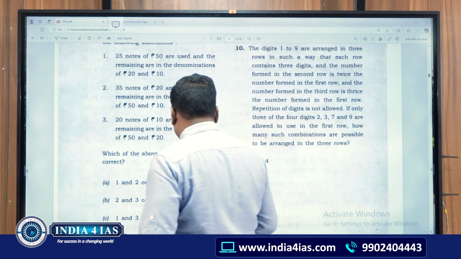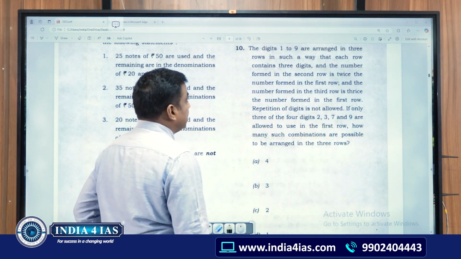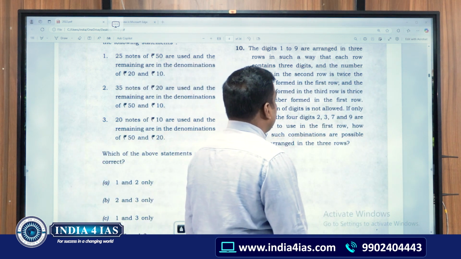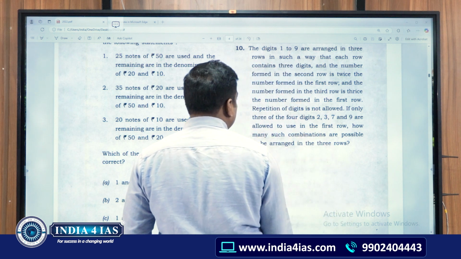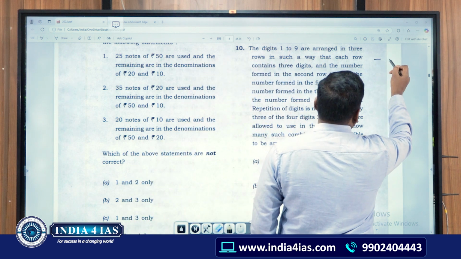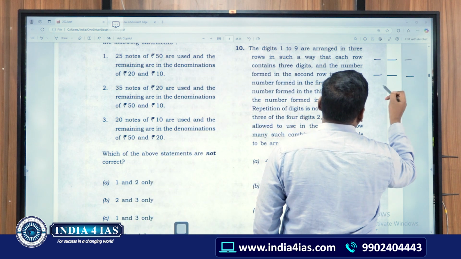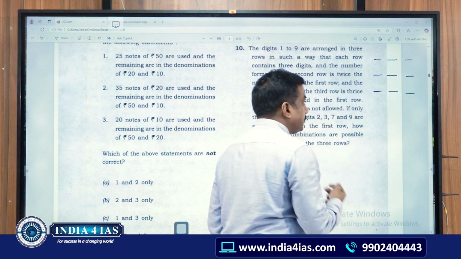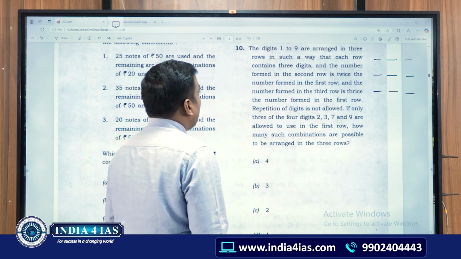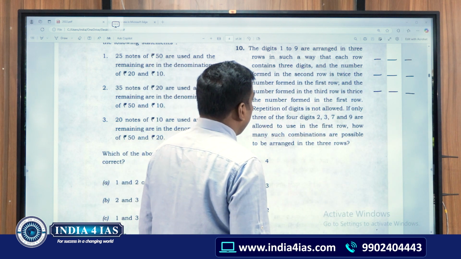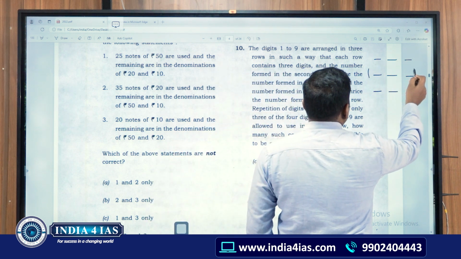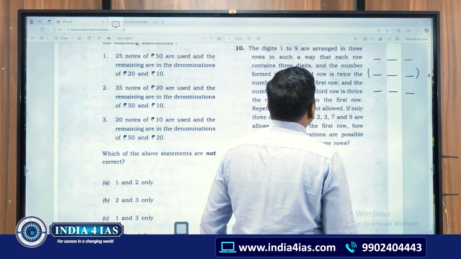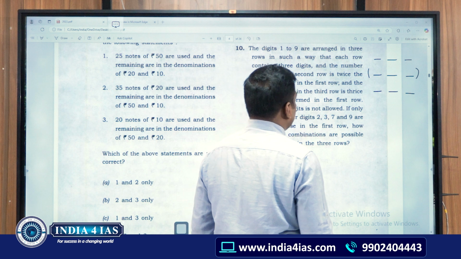The digits 1 to 9 are arranged in 3 rows in such a way that each row contains 3 digits. So there are 3 rows containing 3 digits each. And the number formed in the second row is twice the number formed in the first row.